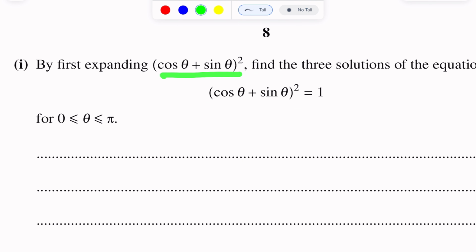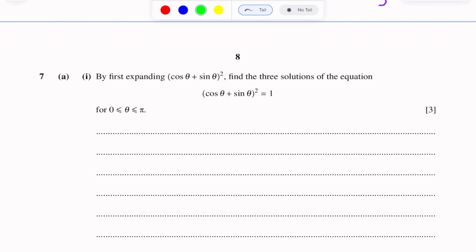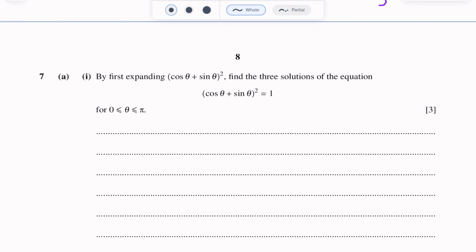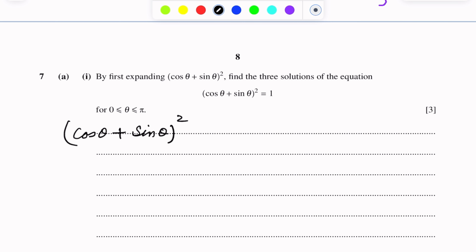So first we will expand this by using the identity. Cos theta plus sin theta whole square, using identity (a plus b) whole square equals a square plus b square plus 2ab.